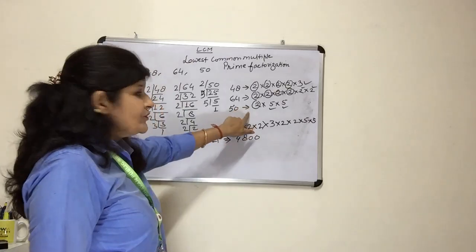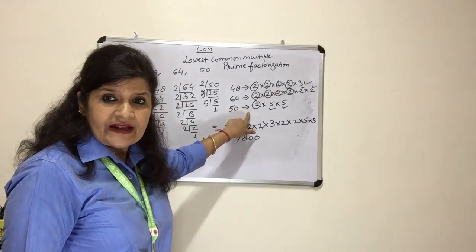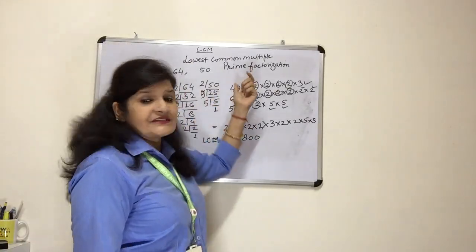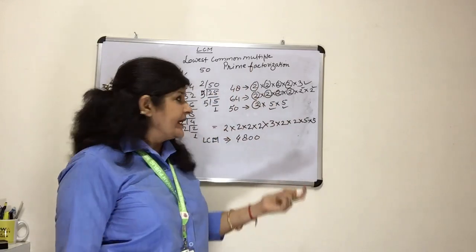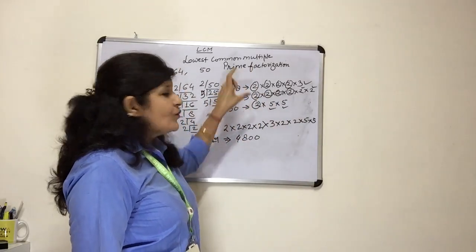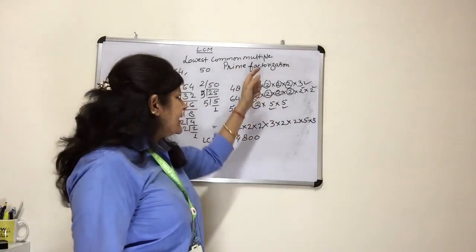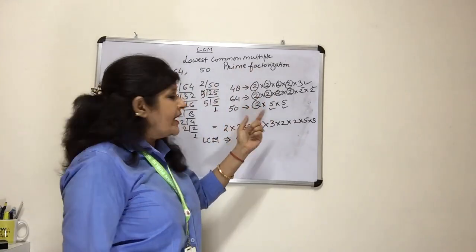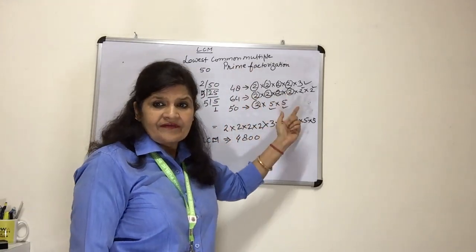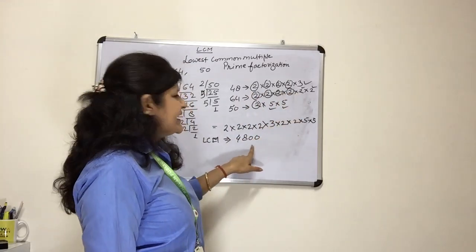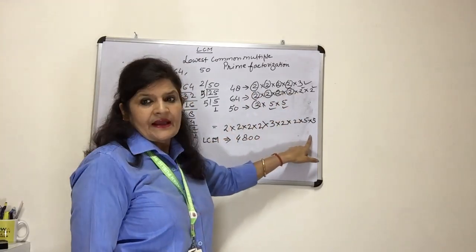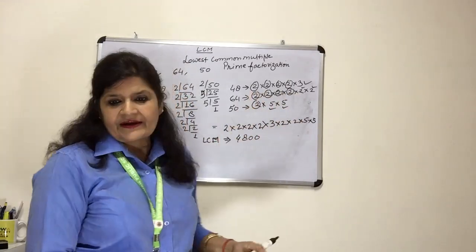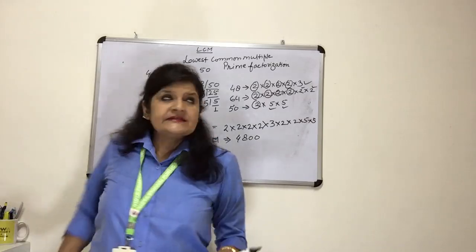So, you have seen the difference between HCF and LCM. In HCF we were just taking out the common factors only. Here we first take out whatever is common among all these three, and after this whatever has been left, we have also copied, and then we multiply. This is the prime factorization method of LCM.